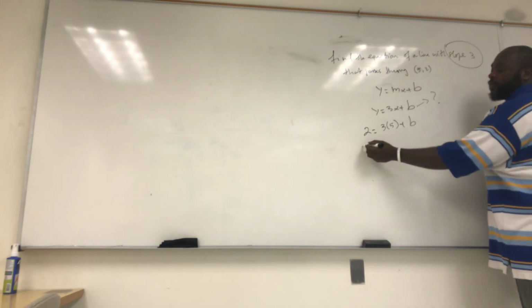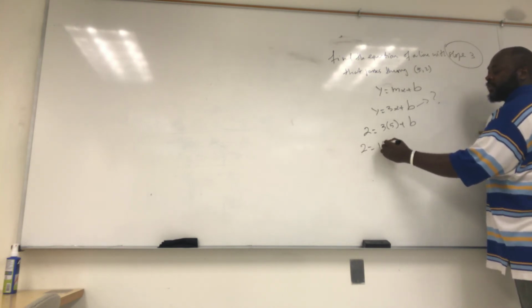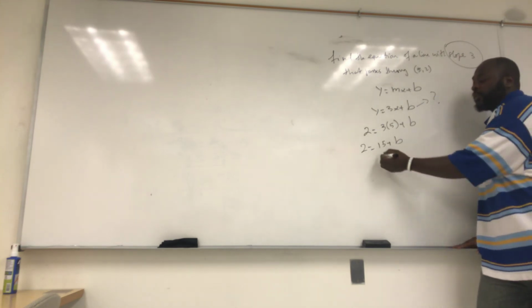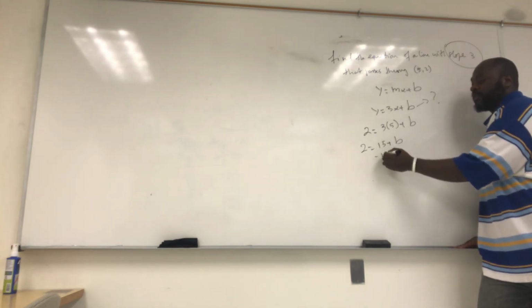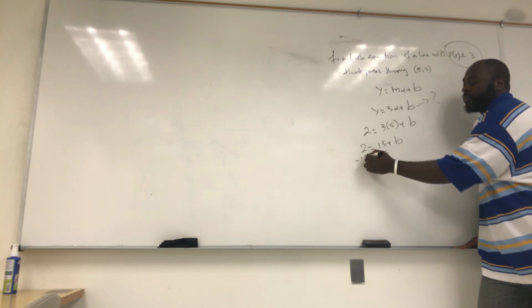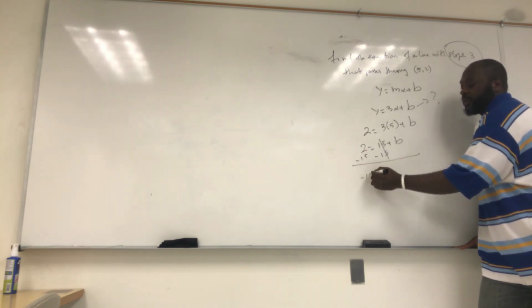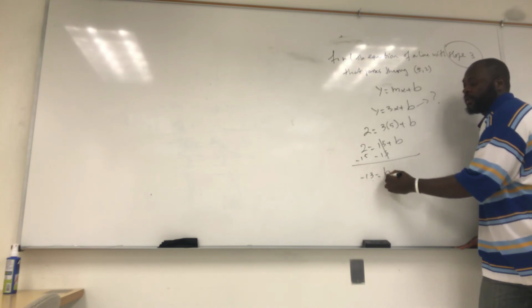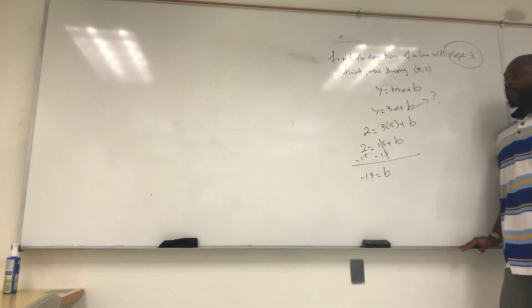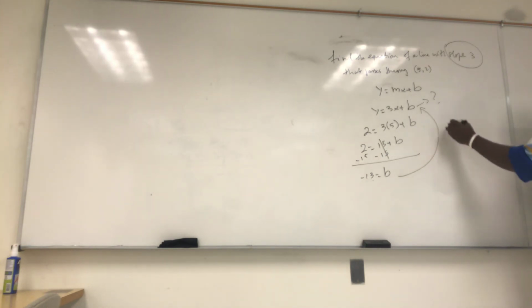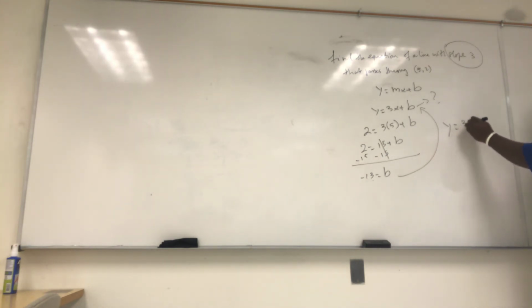So it's going to be 2 equals 15 plus b. We subtract 15 on both sides. 2 minus 15 is negative 13, so b is equal to negative 13. Now we go back and replace this in the equation. So y equals 3x minus 13, and this is the equation that you're looking for.